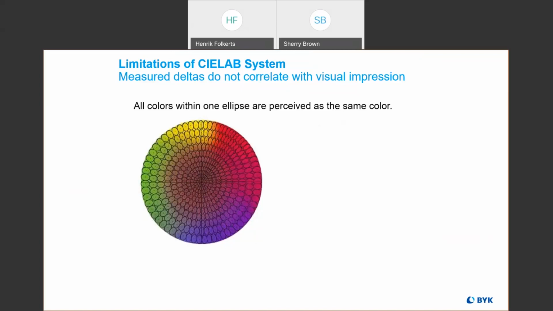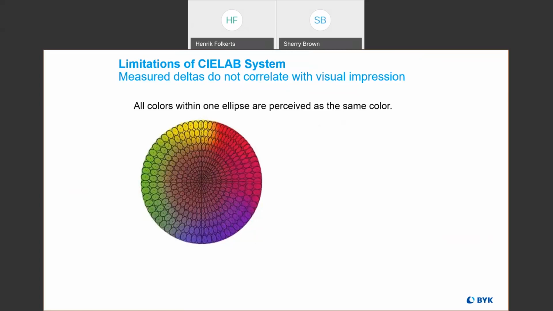Even a delta E of 3 isn't going to be very visible to me. But if I look at those colors towards the center that have that much smaller tolerance shape, I might need to set that at 1 or even less, because that would indicate a similar color difference. So the point is that we want to make a delta E of 1 the same visually, whether we're talking about a green color or a gray color or an orange color.